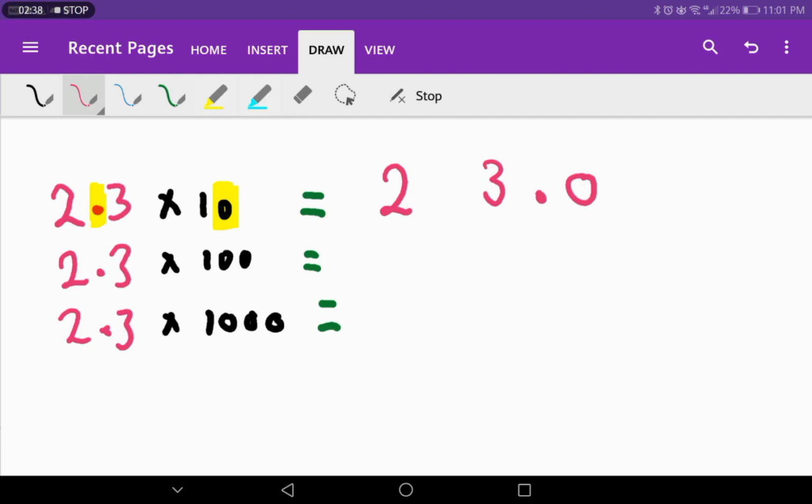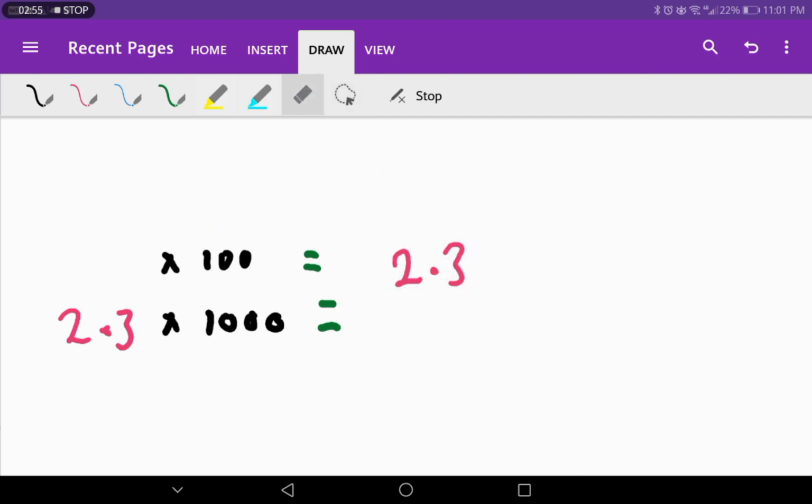Okay, let's apply the same rule to the second question. So the teacher said, I will move this as it is. Yes, my dear student, don't hesitate about it. Okay, the second step, I have to check how many zeros here. It is 2. That means the decimal point here will move 2 steps to the right. This is the first step and this is the second step.